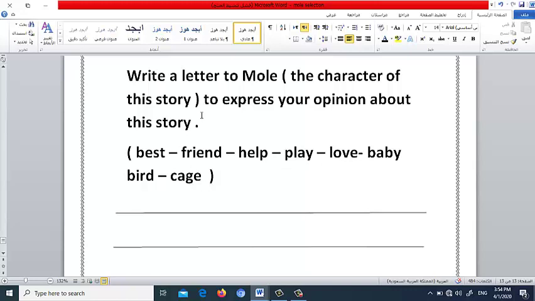Here I should write a letter to the main character in this story, Mole, and I will give him my opinion. I love this story. In which part I didn't love this story, and in which part I liked it, when Mole did what, and I didn't like when Mole did what.